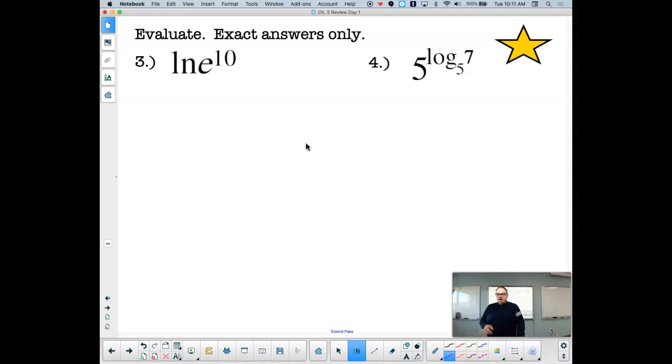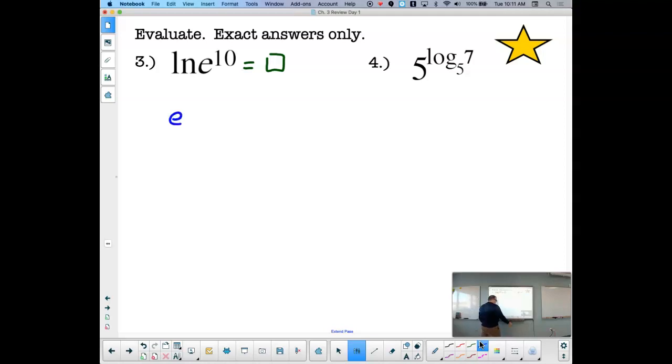We can also evaluate different expressions based upon their certain conditions. Now, I like to do these a little bit different. I like to put them equal to a box, because if I have that equality and I have that box, then what I can do is I can change forms with it. So this left one is in logarithmic form. I can change it to exponential form. So I could say that this is, my log base is e.